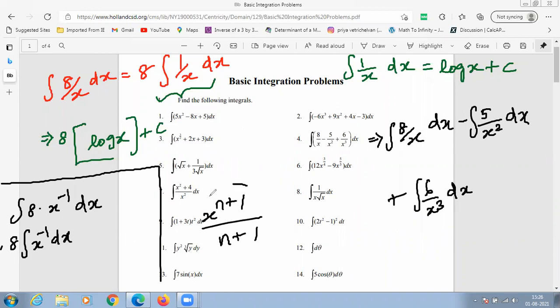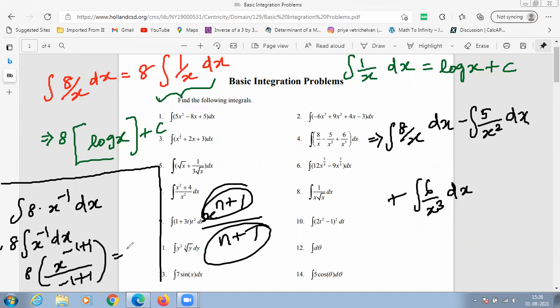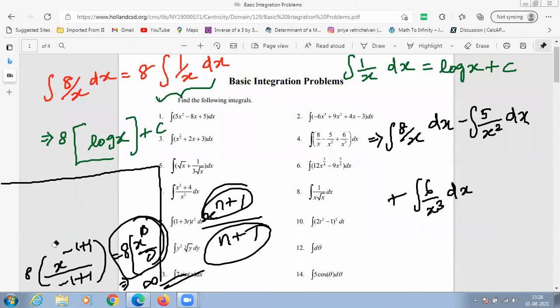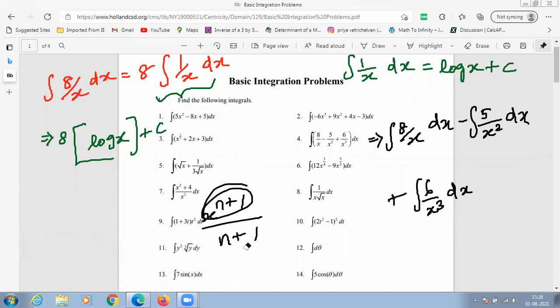Now if I increase its power by 1, it will be x power minus 1 plus 1 upon minus 1 plus 1. So it is 8 into x power 0 by 0. See, in the denominator you are having 0, which is not defined. So to avoid this only, we have the formula in the form of log, right? I hope it is clear. So remember, whenever you integrate 1 upon x, you will be writing it as log x.